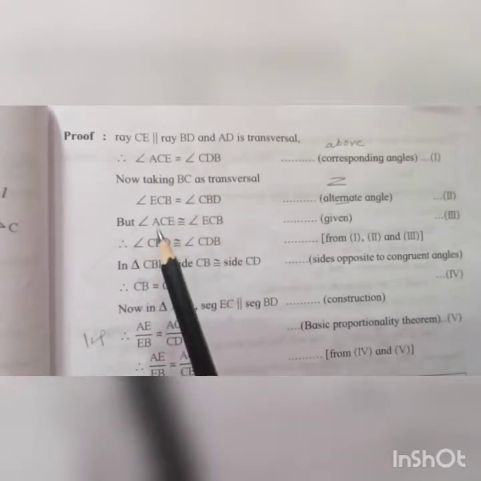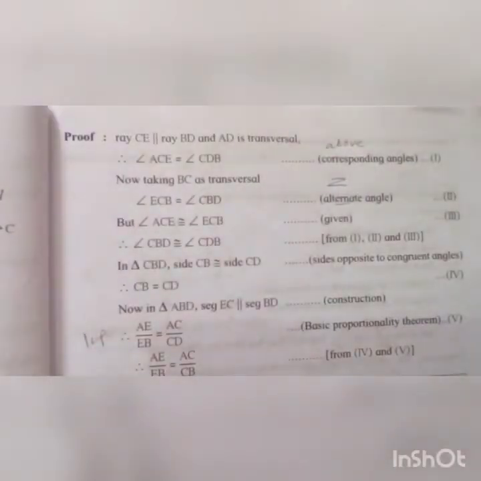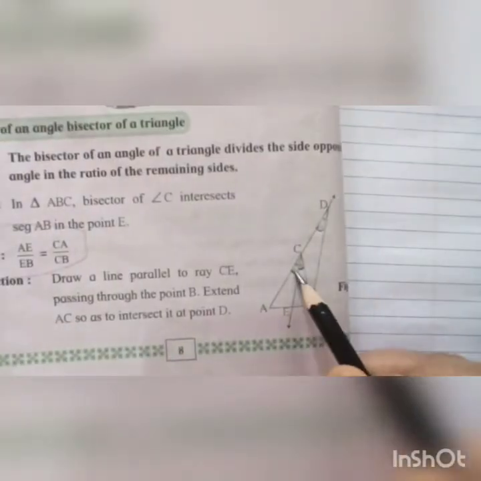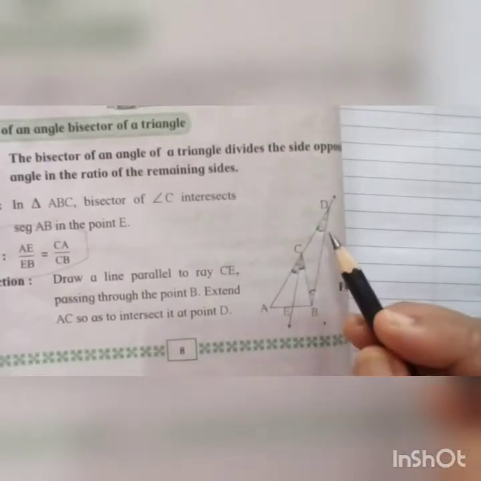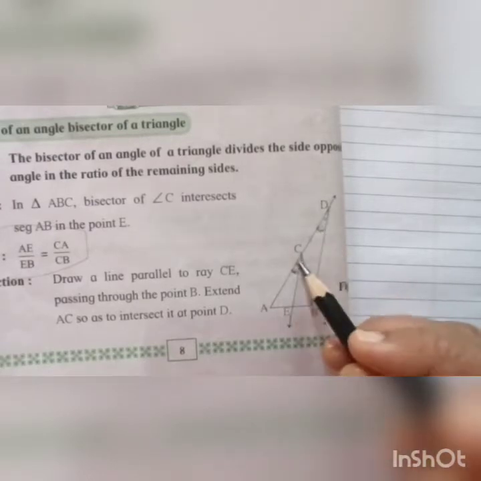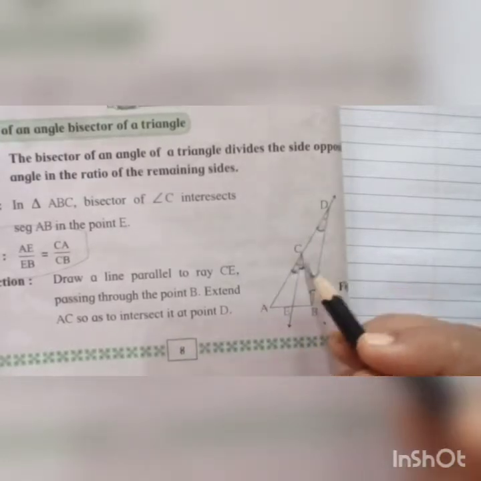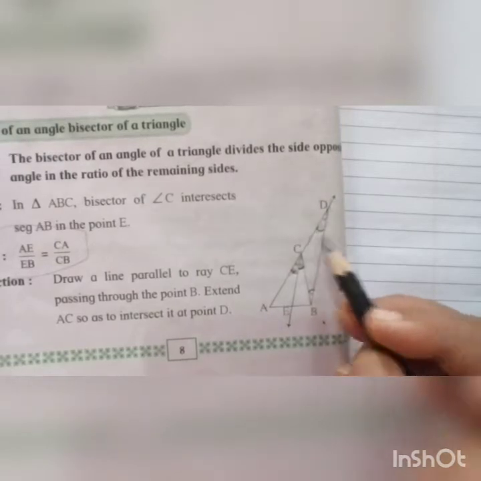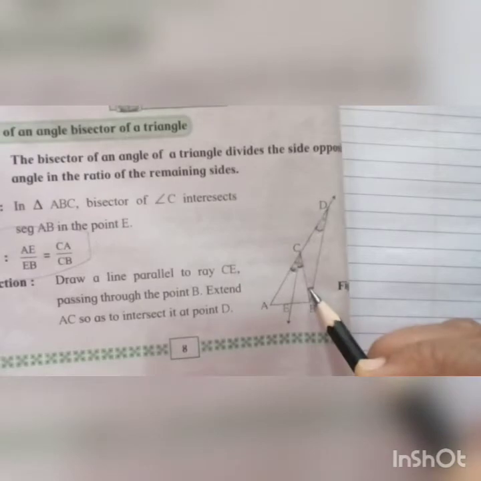But what is given already is the angle bisector. The angle bisector, these two angles are congruent, already given. That is, these two angles are already given equal. So that's the reason this angle is also congruent. ACE is congruent to CDB, and ECB is congruent, in pocket of Z, to CBD.